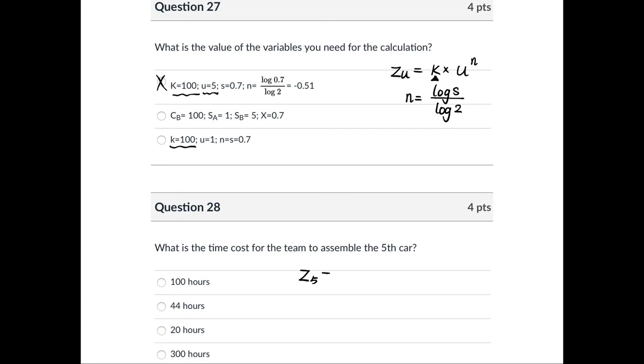And now it's time to calculate. So Z_U with U equals 5. So Z5, the time cost for building the fifth car, is K, which is 100, times U, which is 5, to the power of N. N equals log S, which is 0.7, over log 2.